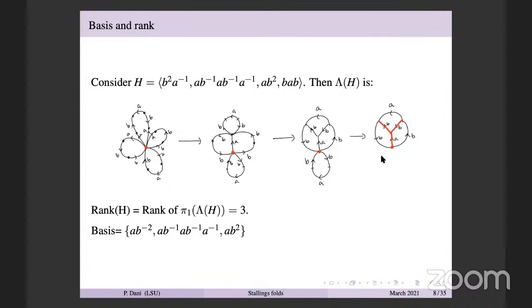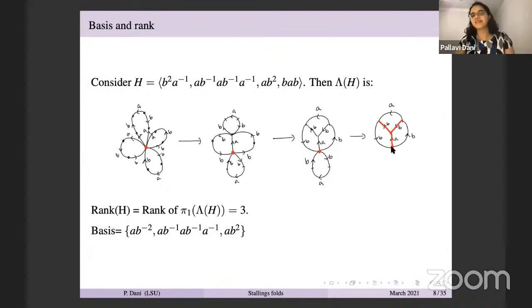So in this case, the way you would usually pick a basis is that you choose a maximal tree in the graph, and then the edges which are not in the maximal tree give you a count of what the rank is. So in this case, we have 3 edges which are not in the maximal tree. So that means the fundamental group of that graph is a rank 3 free group.